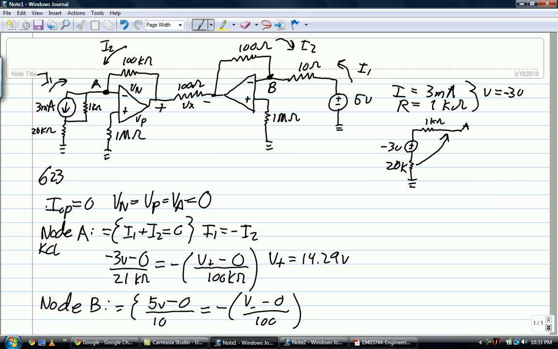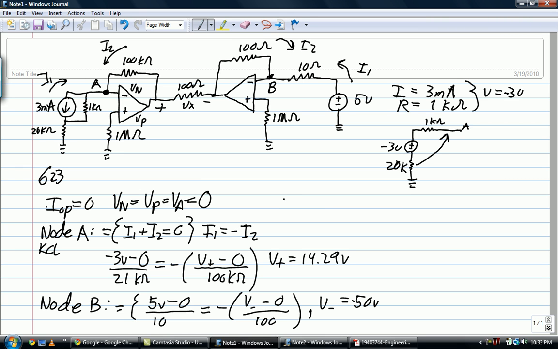Now, you can work this out for yourself, but you should get that V sub minus is equal to 50 volts. So now we have our positive side voltage and our negative side voltage. By the way, that should be negative 50.